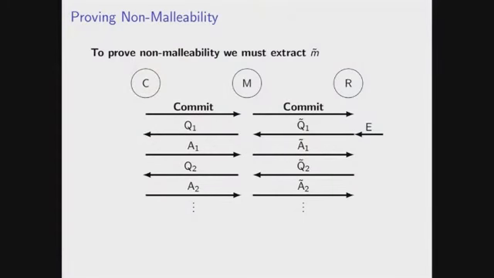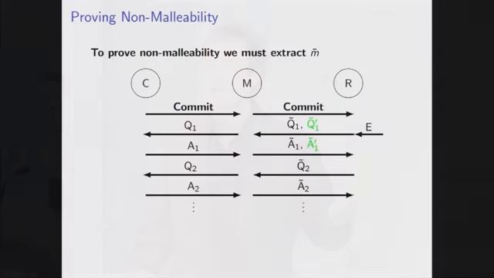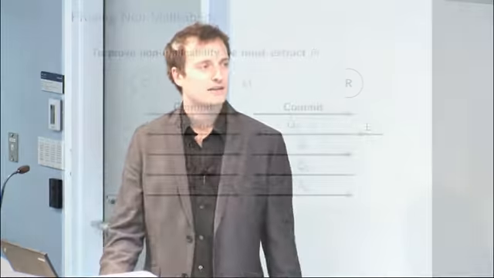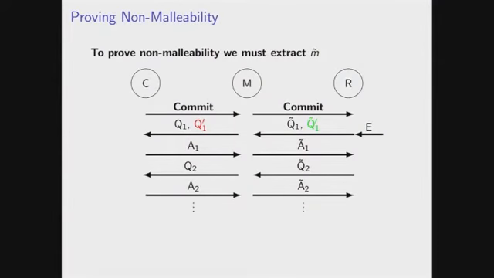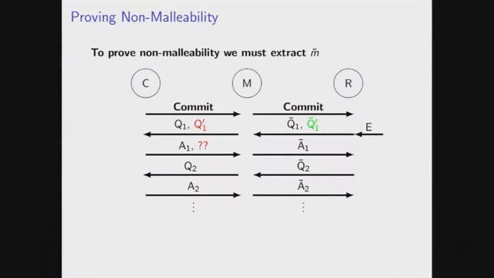Okay, but there's a catch. In a normal extractable commitment, you just rewind, you ask another query, you get another answer, and then you're like, okay, now we know what he was committing to, we've extracted. Here it's different because there are two protocols, and so before he's going to give you an answer, he's going to ask a query of his own, and you don't know how to answer it, because you don't have knowledge of M, right?